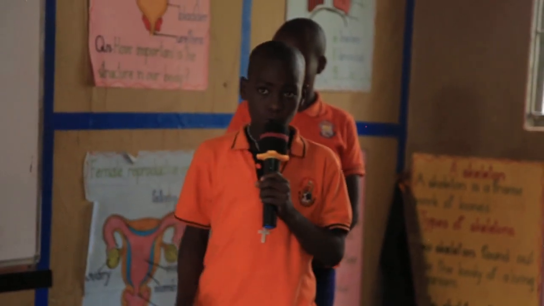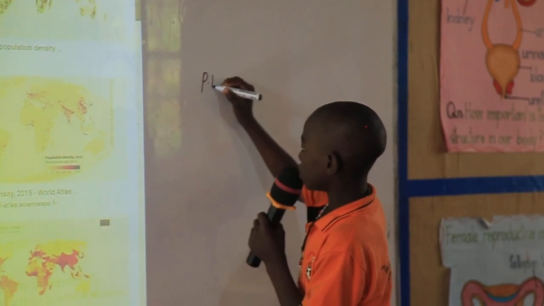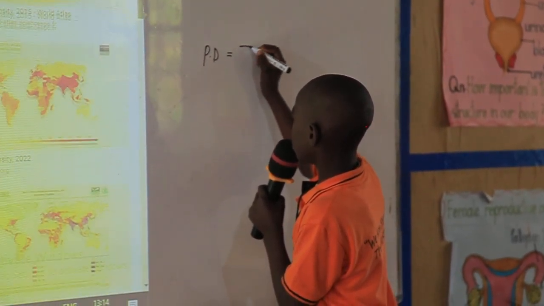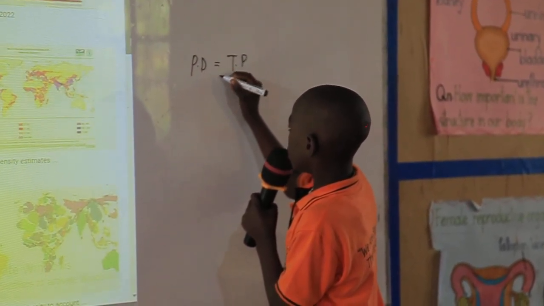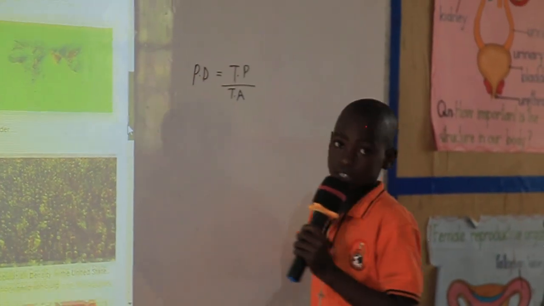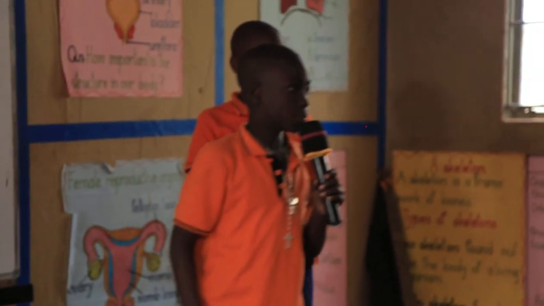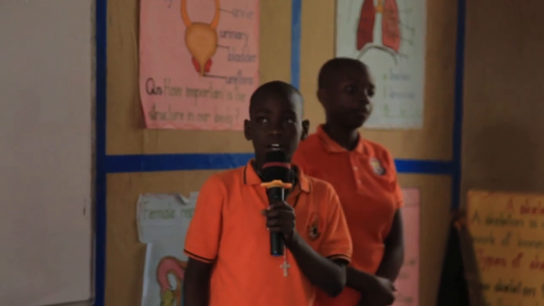We can use the following method to find population density. Population density equals total people over total area. Let's assume in Katadde there are 360 million people and the total area is 3 kilometers squared.